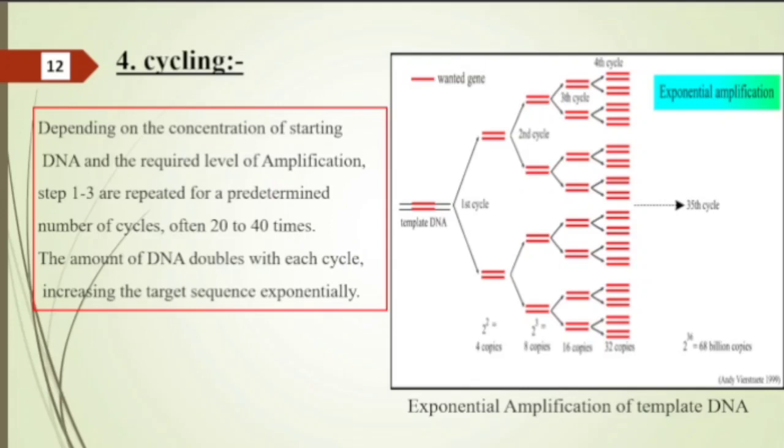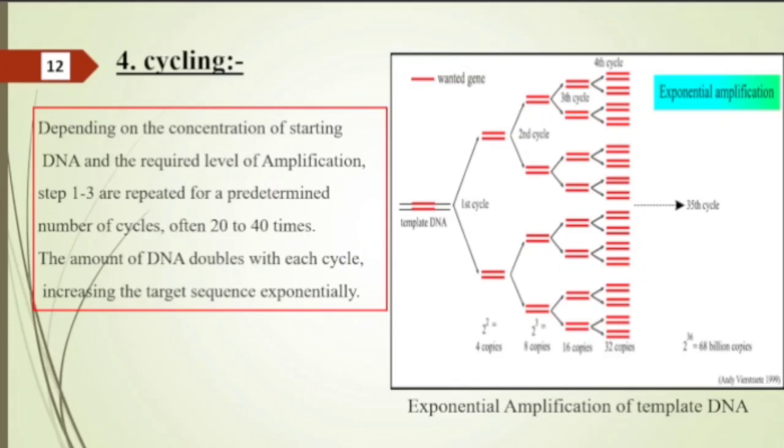In this diagram, you can observe first the template DNA. In first cycle, this template DNA can produce 2 copies. These 2 copies in second cycle give 4 copies.